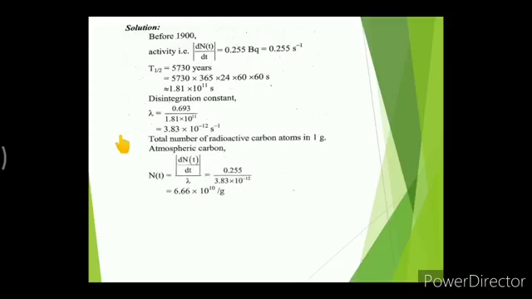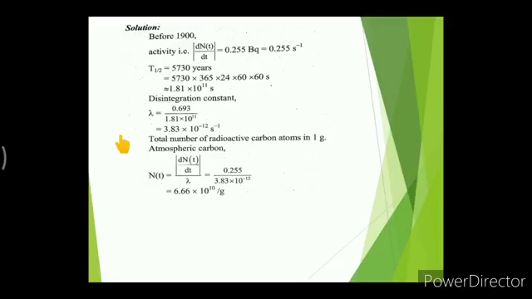The total number of radioactive carbon atoms in 1 gram of atmospheric carbon we determine using N_t equal to dN_t upon dt divided by the disintegration constant.